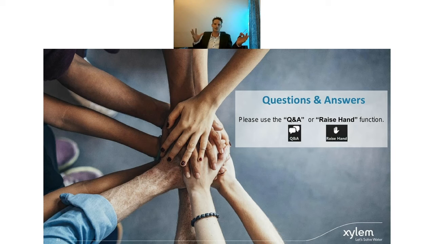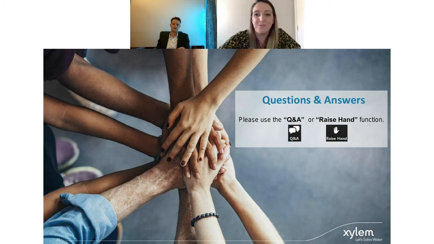Where does it sit in the world? I do know there are particular vendors looking into this at the moment, and I believe there's a partnership between one of the major GIS vendors and one of the major software vendors. So I believe it's something that's being explored and progressed towards. I guess it's not really a simple answer to that. Yeah. Perfect.